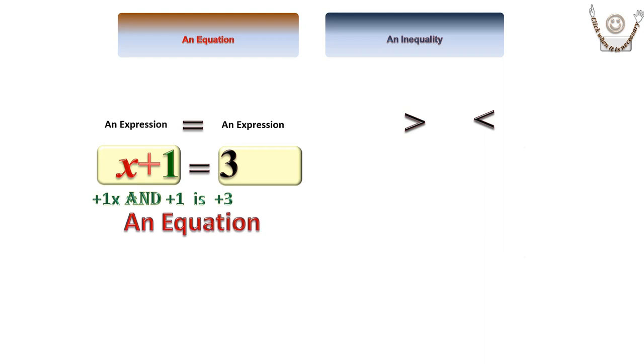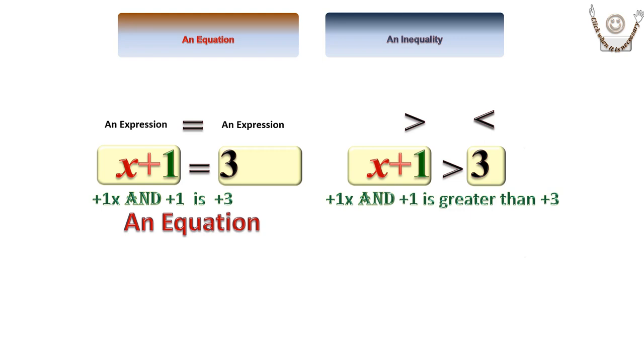If you have the same two expressions and the left one is greater than the right one, we can read this as positive 1x and positive 1 is greater than positive 3, and we would call this an inequality.